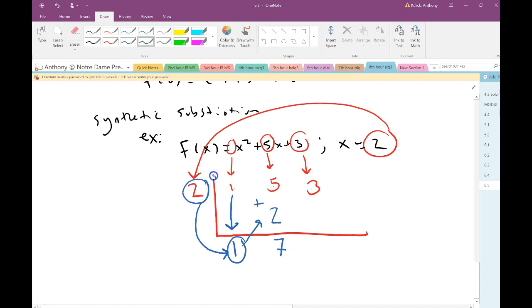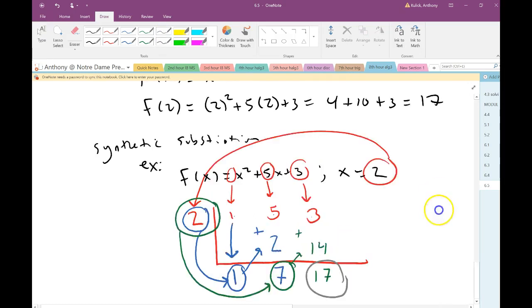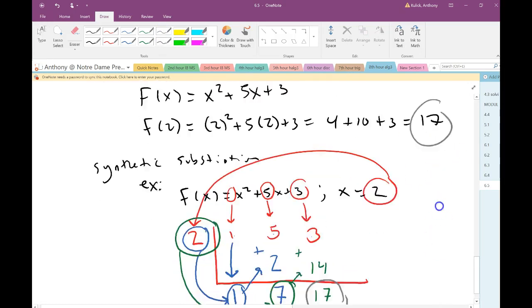I'm then going to repeat the process, so I'm going to take that 2, I'm going to multiply it to that 7, I'm going to write my answer here, and then add down. And this piece at the end, you'll notice, is the same thing we got here.